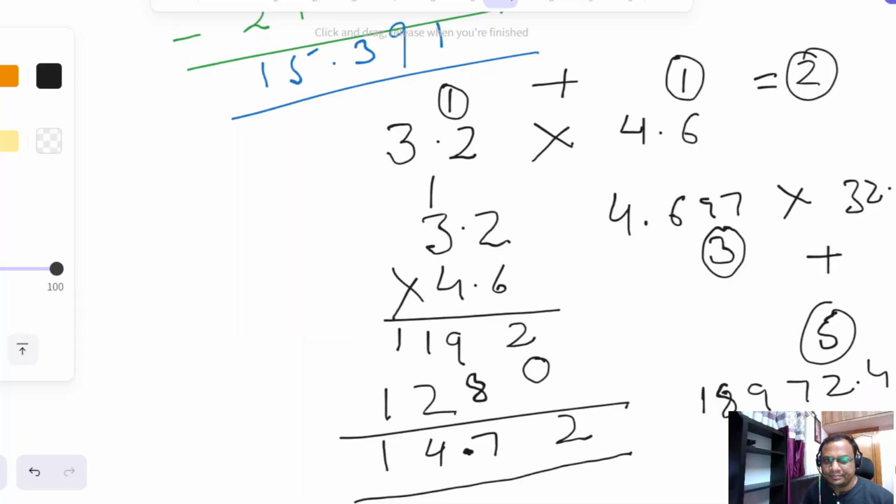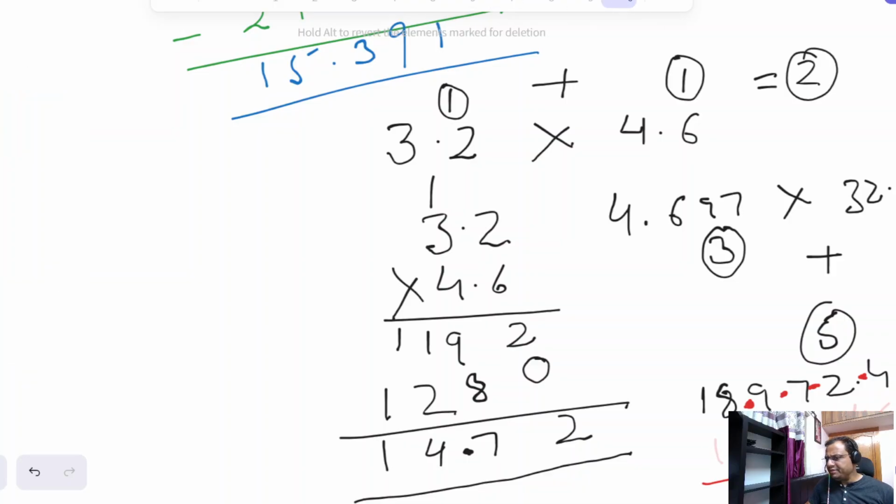It's wrong. Instead, you should start putting the decimal from right to left. So where will the decimal come? Count like this: 1 2 3 4 5. It should be 18.97249. Yeah, makes sense.